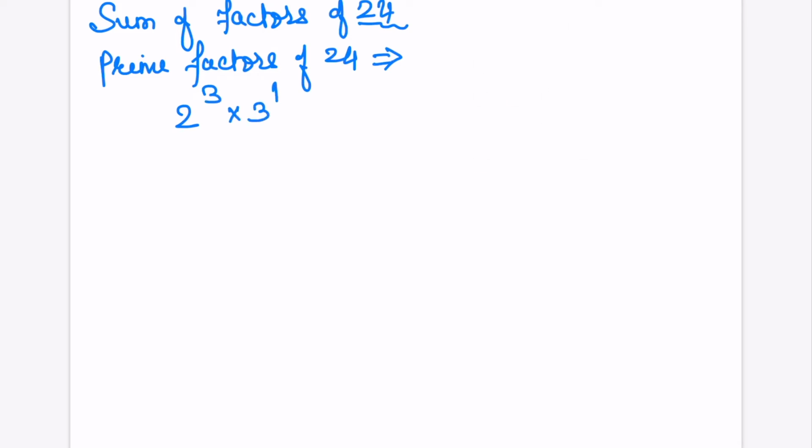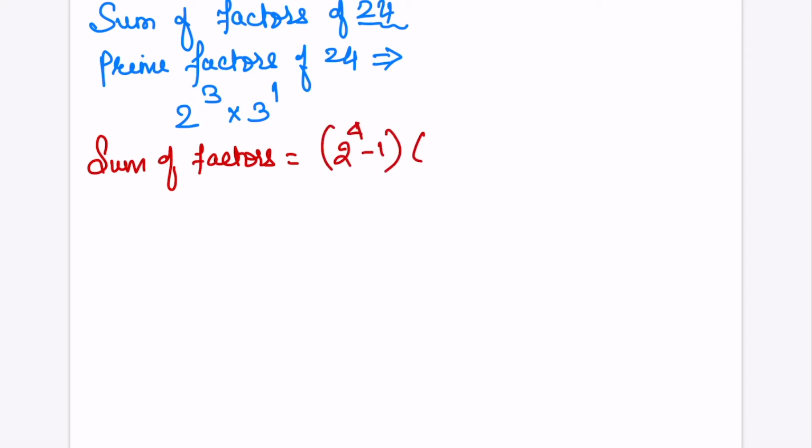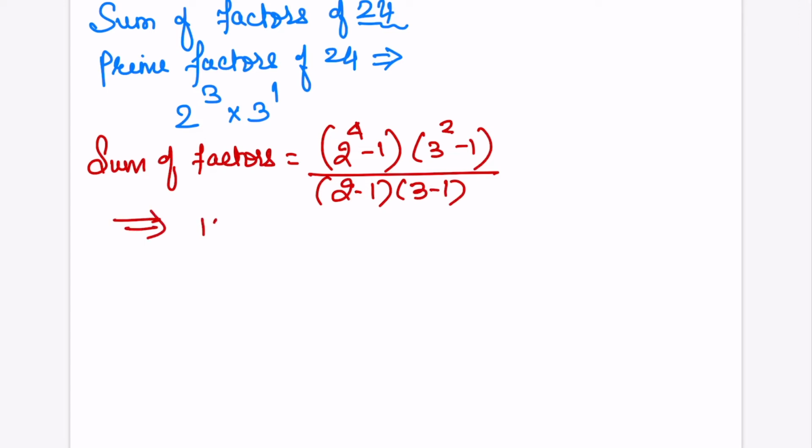Now the sum of factors can be found out by (2 power 4 minus 1) into (3 power 2 minus 1) upon (2 minus 1) into (3 minus 1). Now 2 power 4 is 16, minus 1 is 15. 3 square is 9, minus 1 is 8. 2 minus 1 is 1 and 3 minus 1 is 2. I'll cut it: 2 4s are 8, 15 plus... 15 into 4 equals 60. This is the sum of factors of 24.